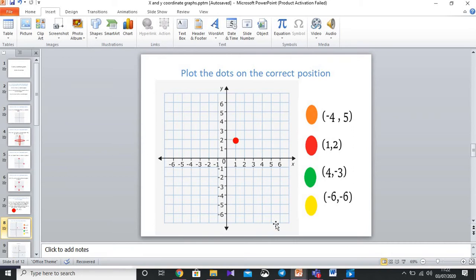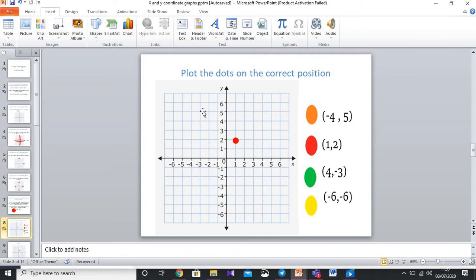Okay. Now let's try the orange dot. -4 from the x-axis means here. And 5 from the y-axis means right over here. So it's kind of like a trend graph. You go and then you join with the y-axis.